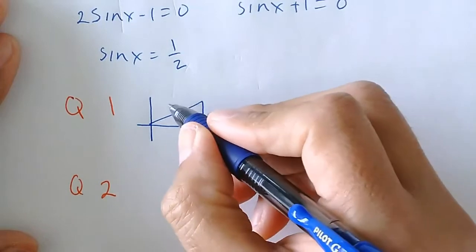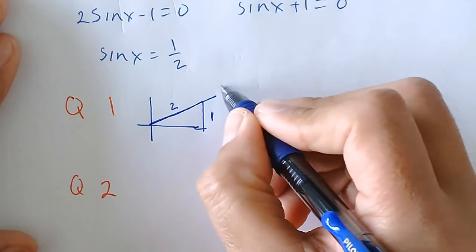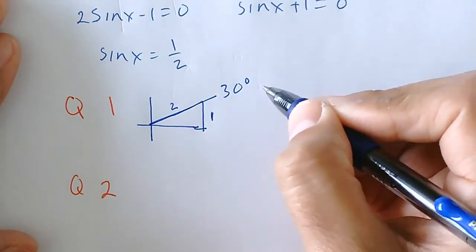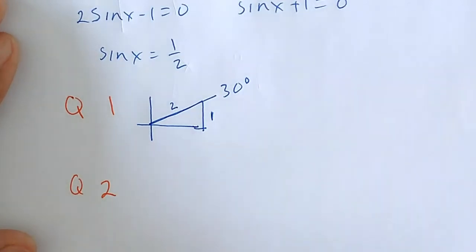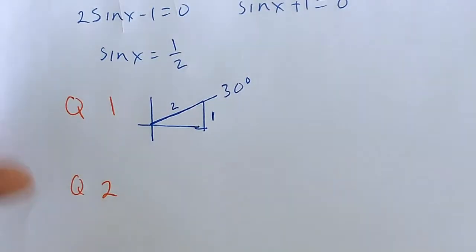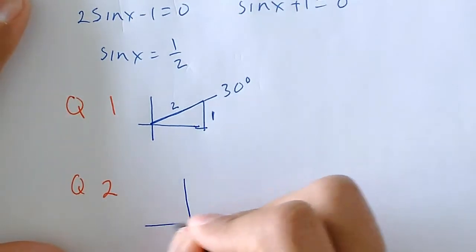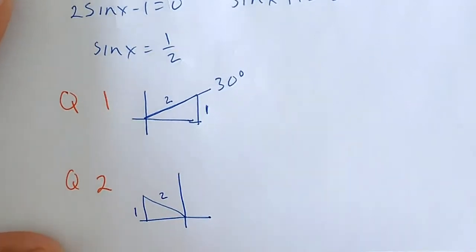So we have a quadrant 2. Now be careful because this is a reference angle. The real angle that we're looking for is 150 degrees. And both of those need to be converted to radian measure.